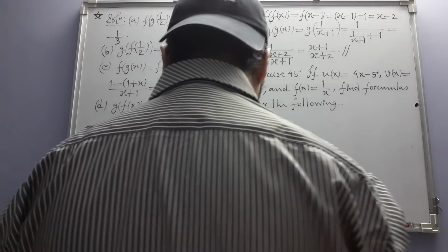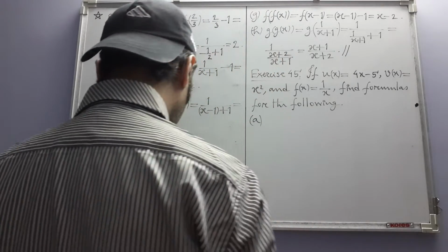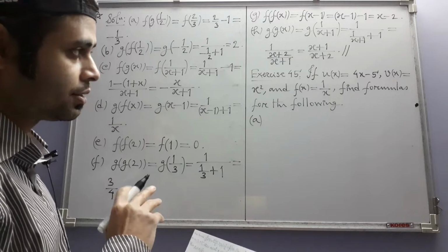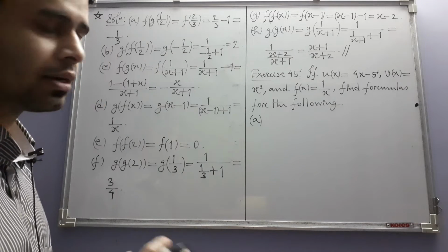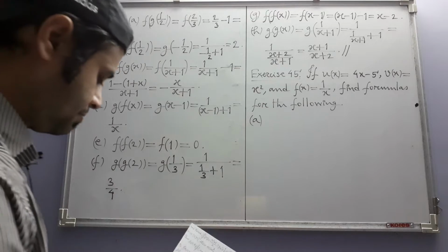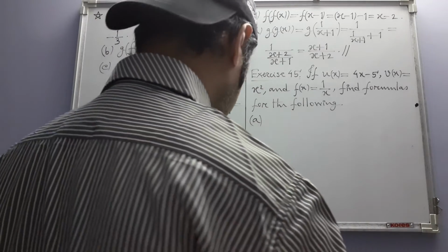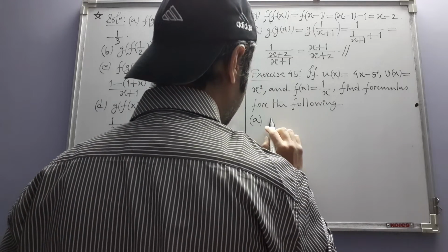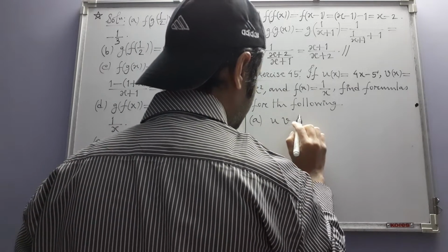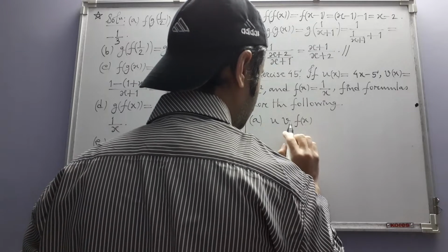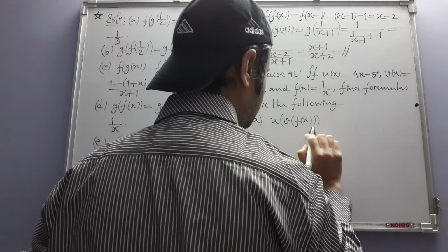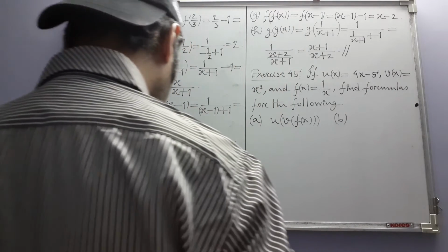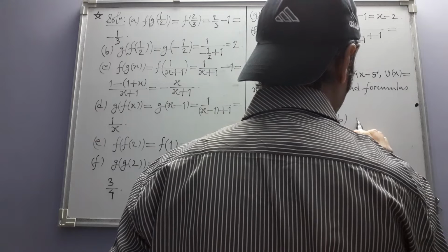Again, there are parts. So this time we are going to calculate compositions of these three functions in several different ways. The first one is u of v of f of x. Part B, u f v.